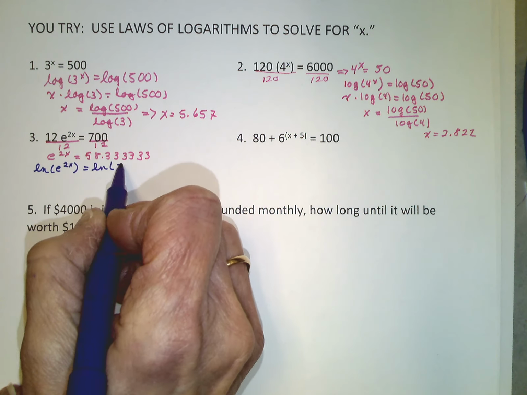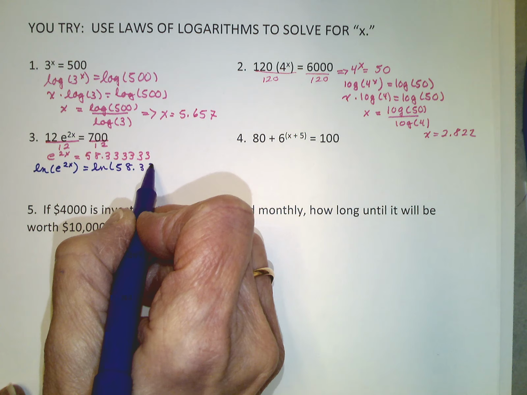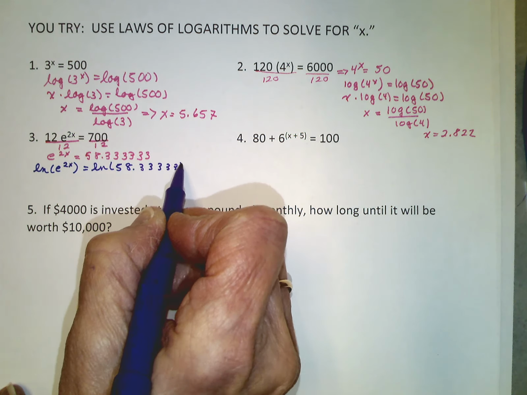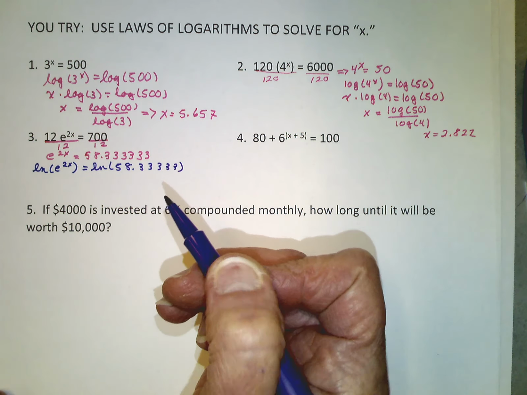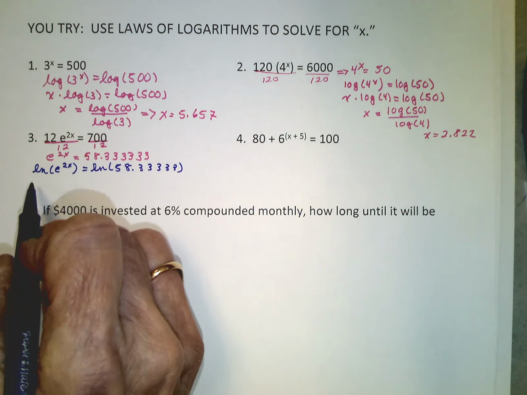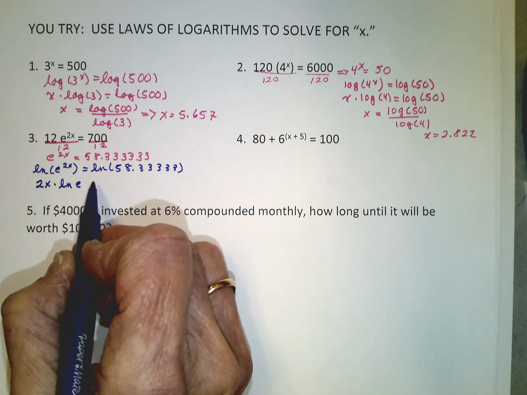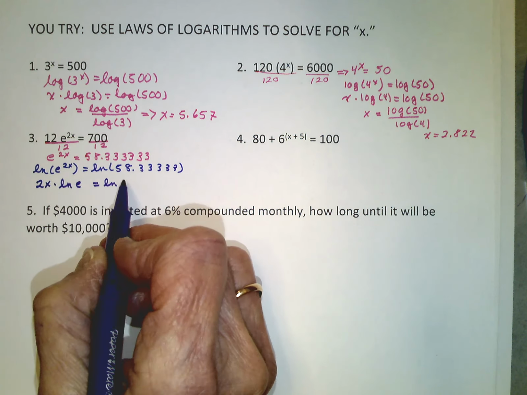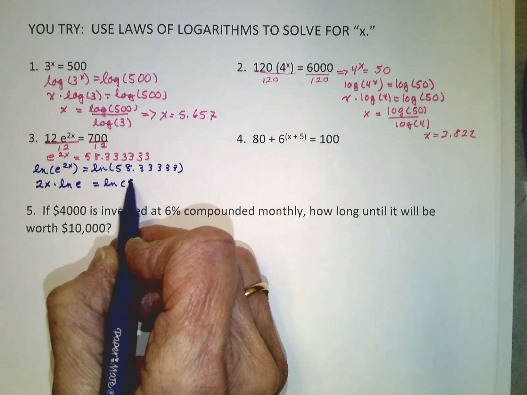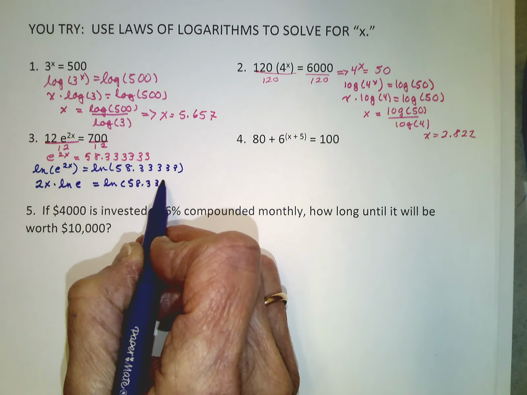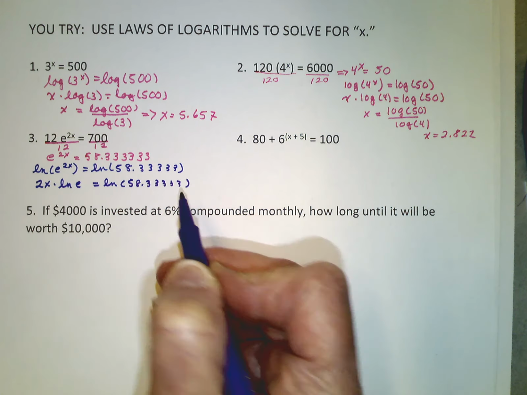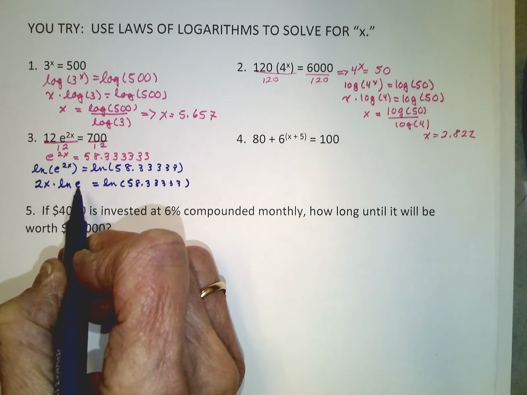Oh, why did I leave all these numbers here? And we can then rewrite this as 2x times the ln of e. But ln of e is just 1.